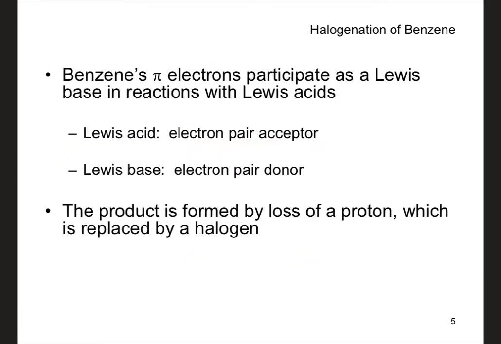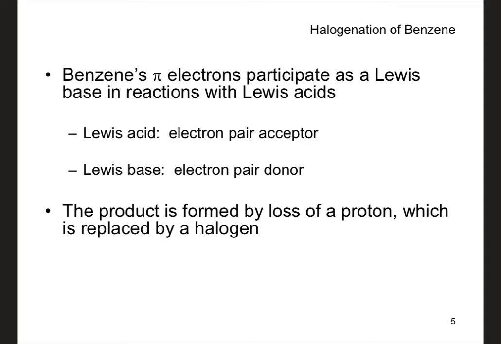All right, so as I said, whenever we run this reaction, benzene is going to utilize its pi electrons. It is a Lewis base, and your incoming electrophile is going to be the Lewis acid, because we know that Lewis acids are electron pair acceptors and Lewis bases are electron pair donors. So whenever these reactions take place, benzene is going to serve as our Lewis base.